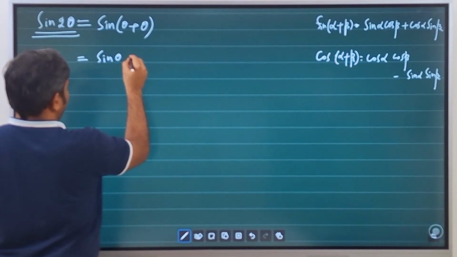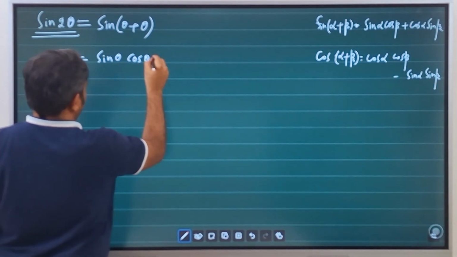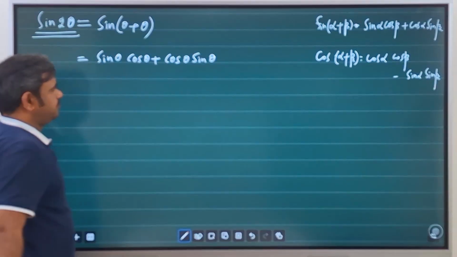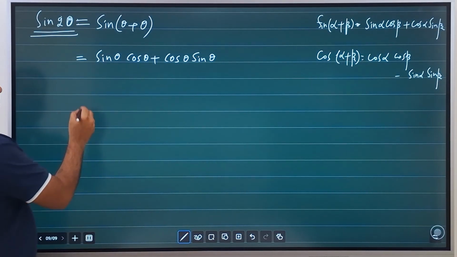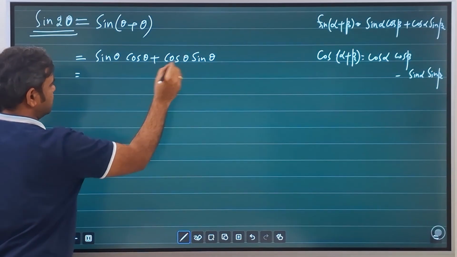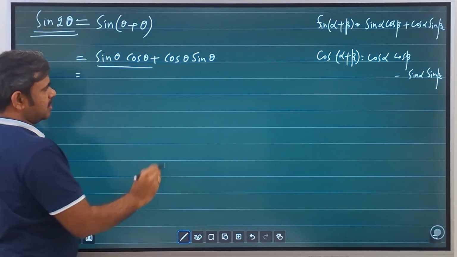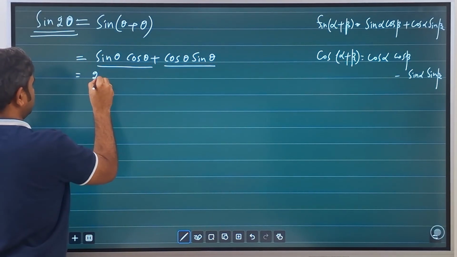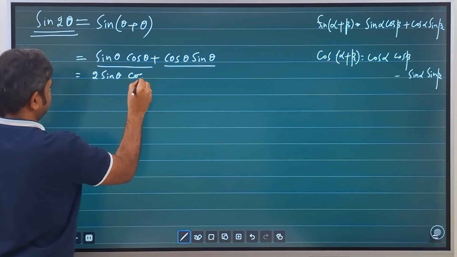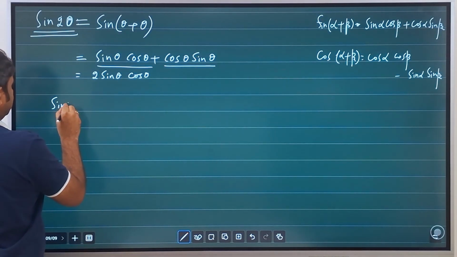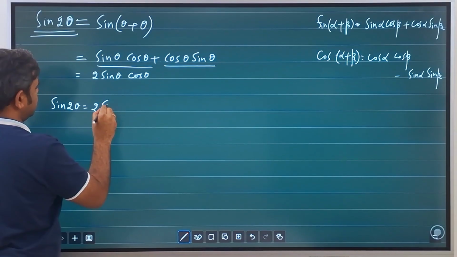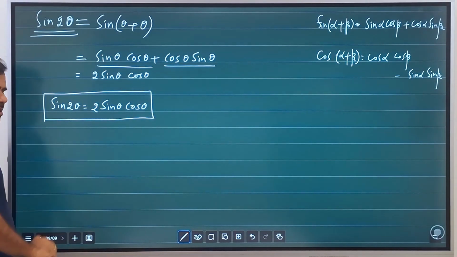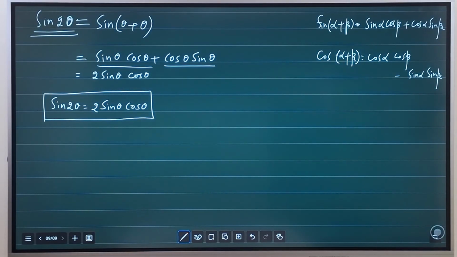So this is sine alpha into cos beta plus cos alpha into sine beta. When you simplify this, look at the left, these two terms, sine theta cos theta. This is also sine theta into cos theta. So what are we getting? 2 sine theta cos theta. So sine 2 theta is equal to 2 sine theta cos theta, another trigonometric identity that we will be using.